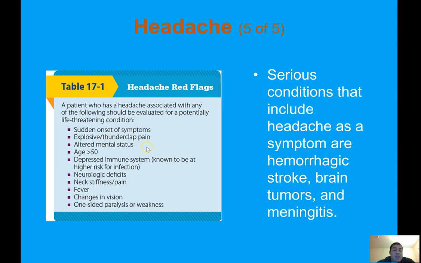Altered mental status: anytime you have somebody with an altered mental status, have a high index of suspicion for a possible stroke, after you guys rule everything out, low blood sugar, seizure, drug overdose, anything like that. Age over 50, depressed immune system, known to be at higher risk for infection, neurologic deficits. Neck stiffness, pain, it's probably going to be meningitis most likely. Fever, changes in vision, one-sided paralysis, or weakness.